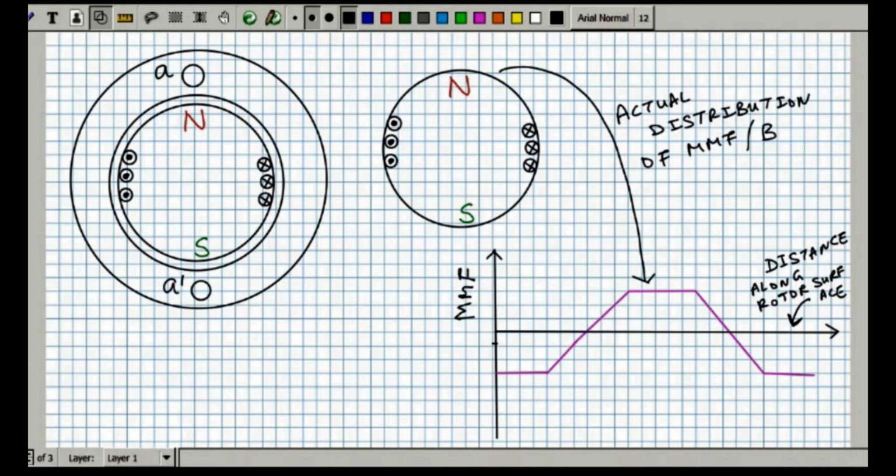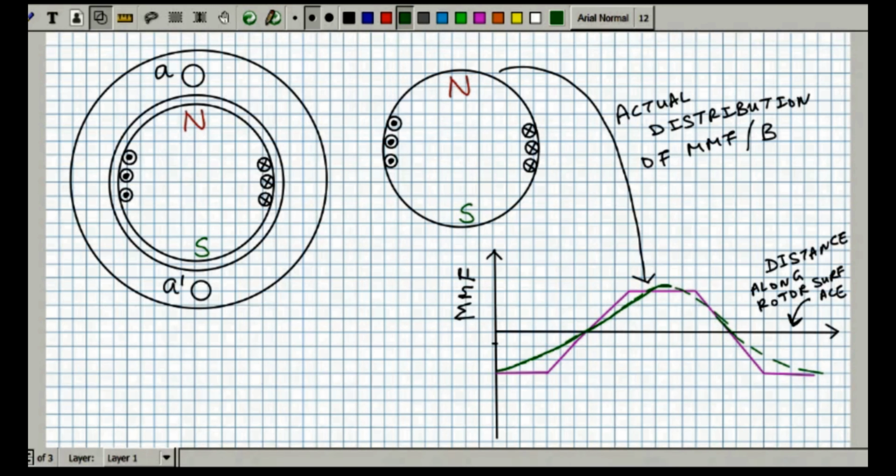So you can think that you can go for some Fourier series expansion, so that the fundamental component will look like this. I am trying to draw one sinusoidal wave. So this is the fundamental component of MMF.